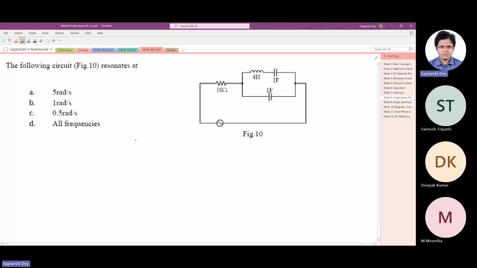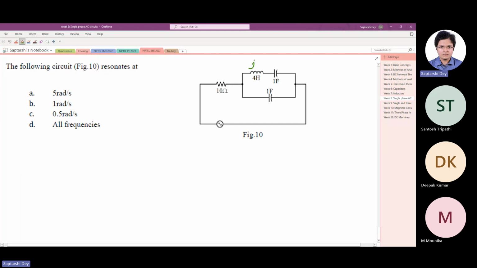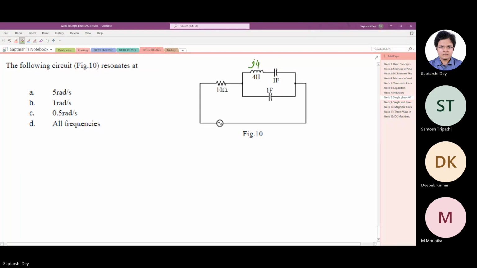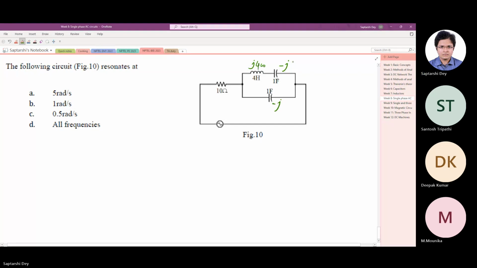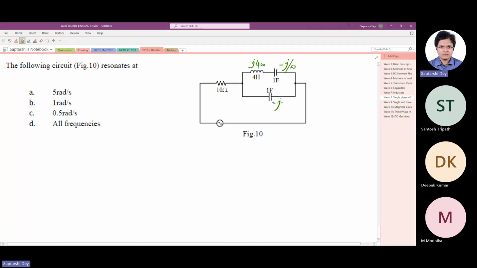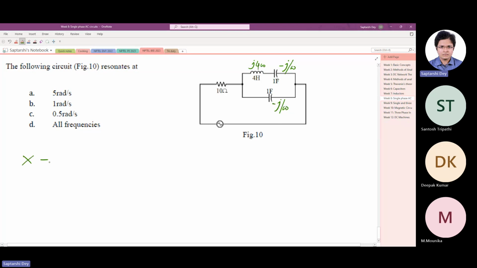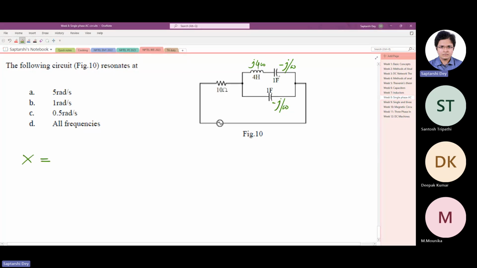So we will write 4 as j4, 1 as minus j, 1 as minus j omega. What is the impedance of this circuit? Only this right hand side part gives the impedance, and we have to simply make it 0.